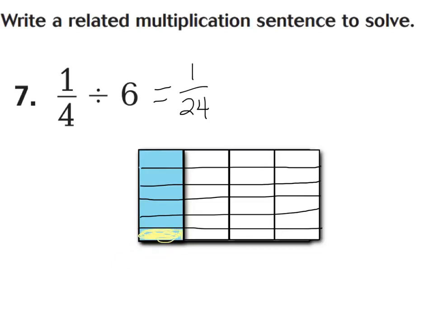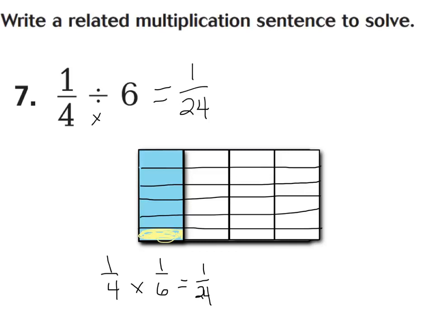Our related multiplication sentence for this would be 1/4 times 1/6, because this is 1/6 of 1/4. So 1/4 times 1/6 would equal 1/24. That's my related multiplication problem.